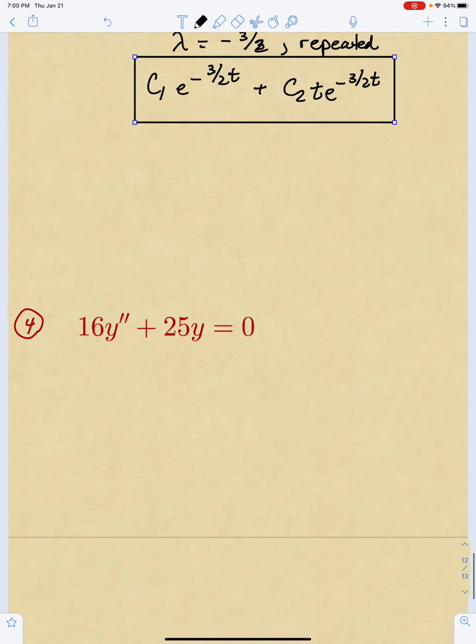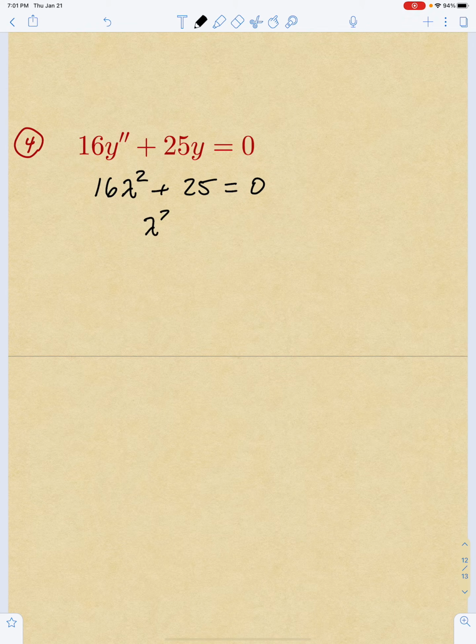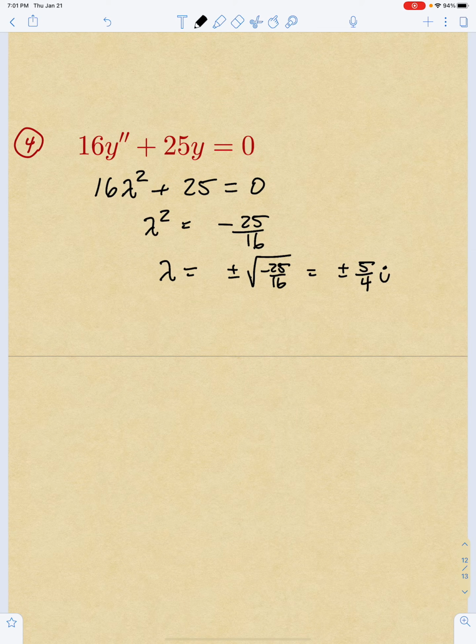All right, and then last but not least, we have this one. So this boils down to 16 lambda squared plus 25 equals 0, which means lambda squared is equal to -25 over 16, which means lambda is equal to plus or minus the square root of -25 over 16, which is plus or minus 5/4 i.